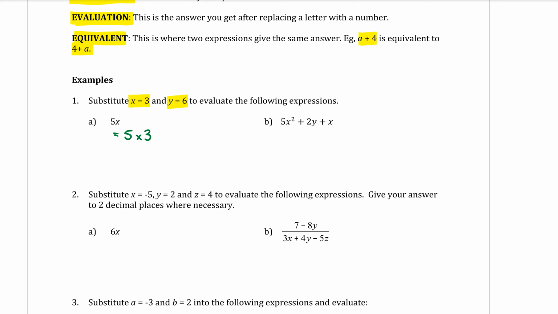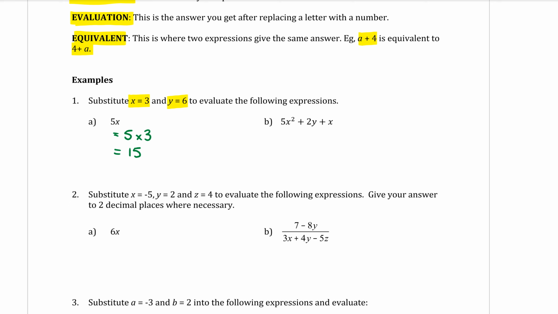And 5 times 3, this is the evaluate part. Work out what that equals. 5 times 3 is 15. So you should always show what I call the substitution line, which is you show me you've replaced that x, you put that in there, you know that times is there, you show me the substitution line, and then you show me your evaluated or your final answer afterwards, okay?